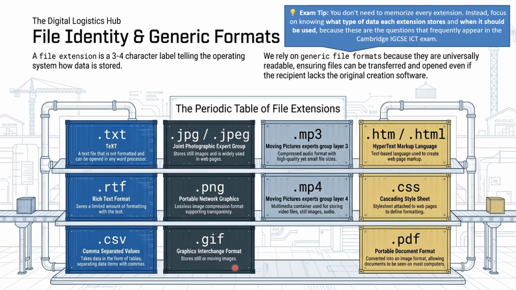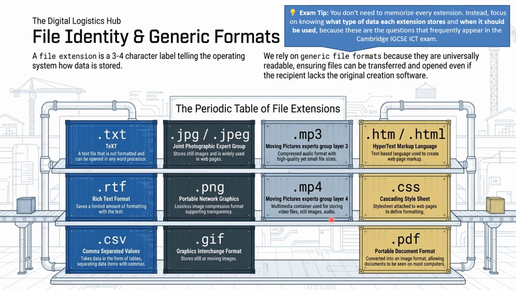Now let's move to multimedia files, like .mp3, which stands for Moving Pictures Experts Layer 3, is used for audio, while .mp4, which stands for Moving Pictures Experts Layer 4, is commonly used for video because it can store both sound and moving images in a single file.